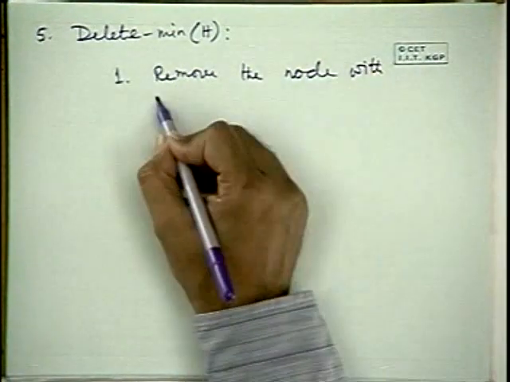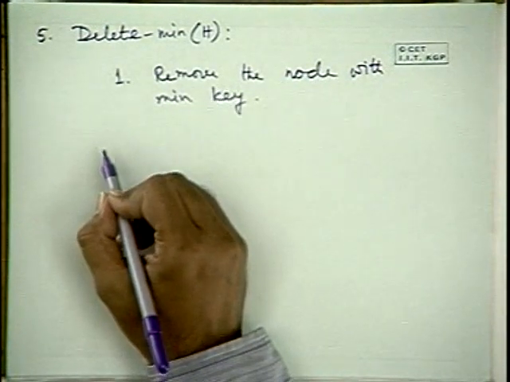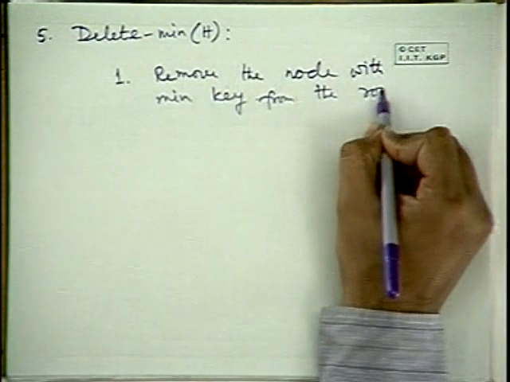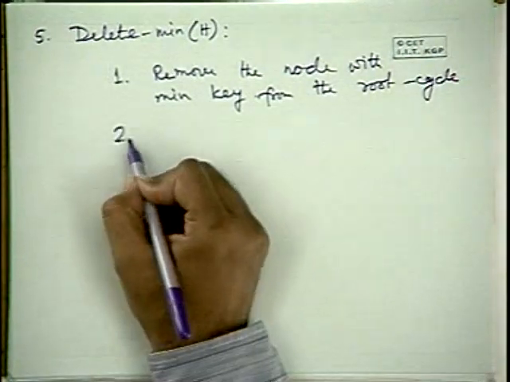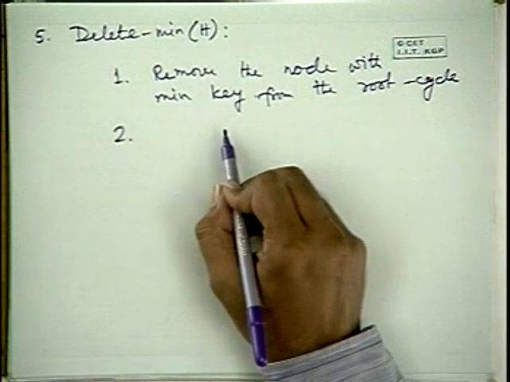First, remove the node with minimum key from the root cycle. Now the second one: when you remove this particular node from the root cycle, what happens to its children? Children are also in a cycle. So basically take its children and put them in the root cycle.